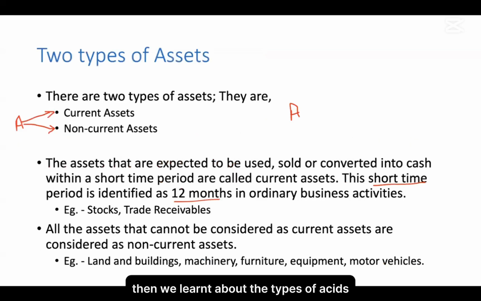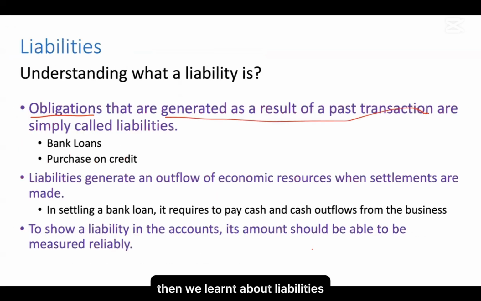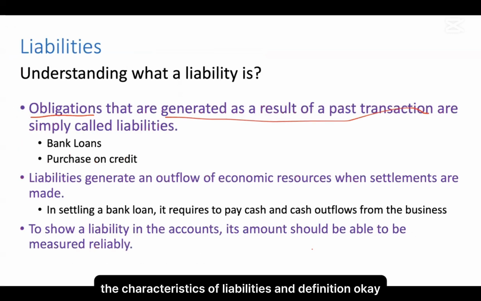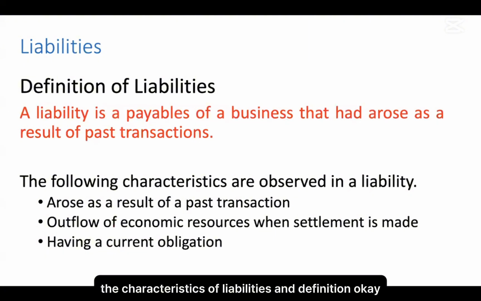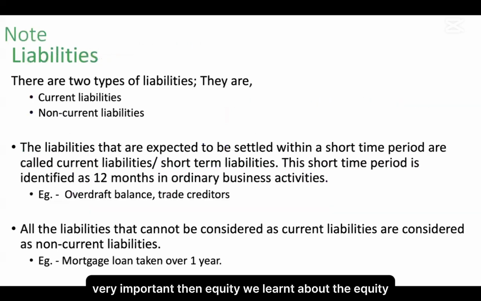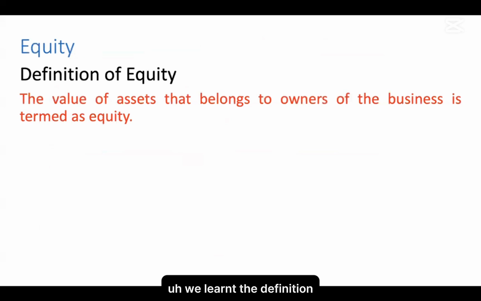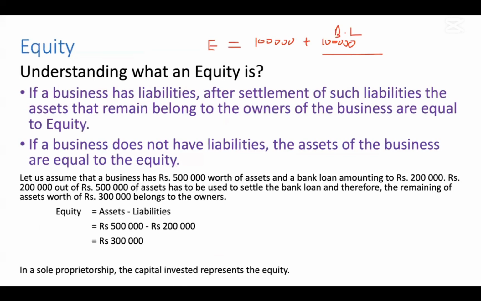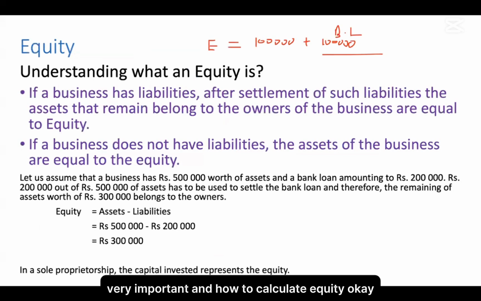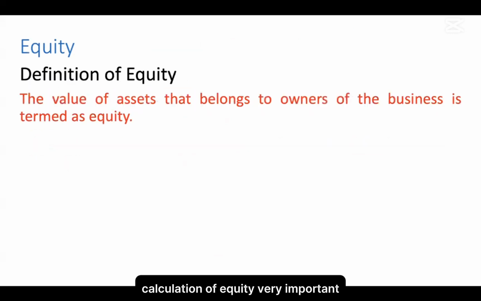Then we learned about the types of assets, very important and examinable. Then we learned about liabilities, the characteristics of liabilities and definition, and then types of liabilities. Then equity: we learned the definition, very important, and how to calculate equity, very important.